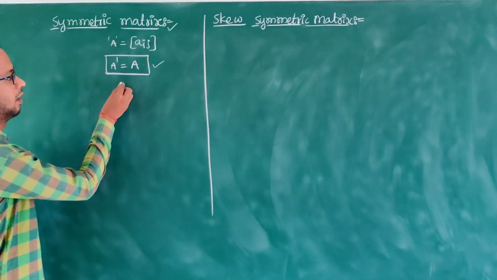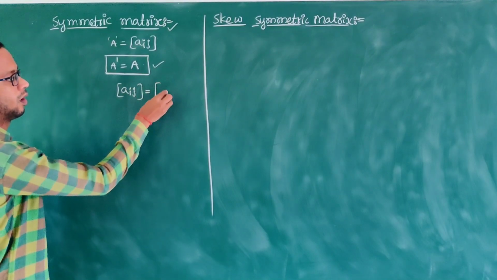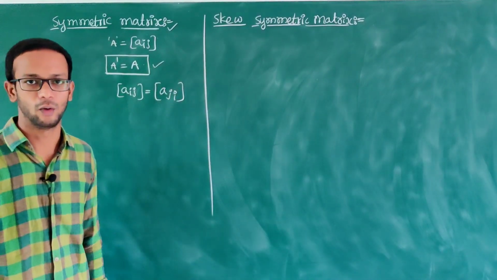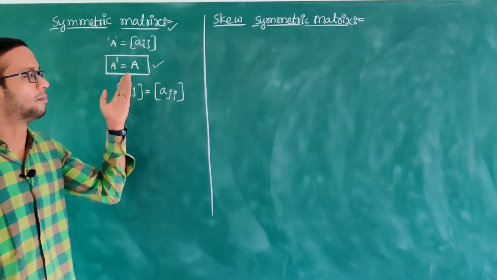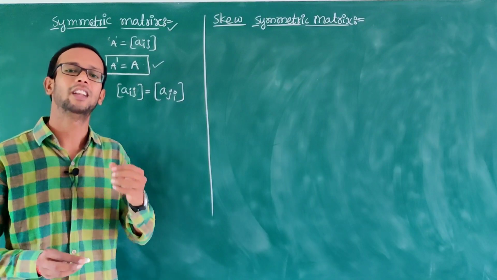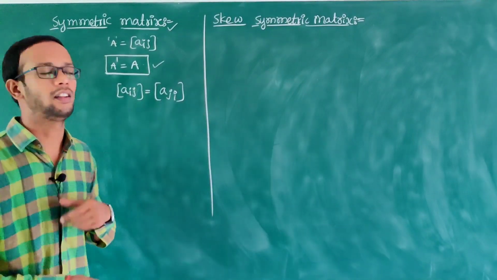That is nothing but Aij is equal to Aji. After transpose, if you get the same matrix, that matrix is called a symmetric matrix. It is possible only for a square matrix.